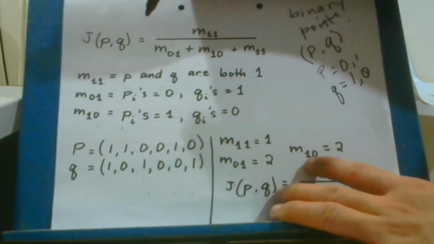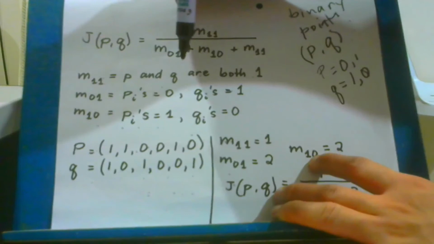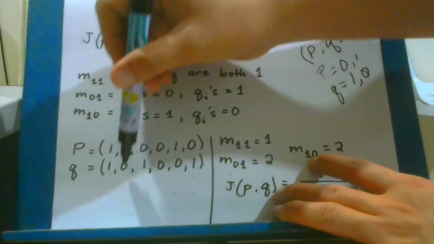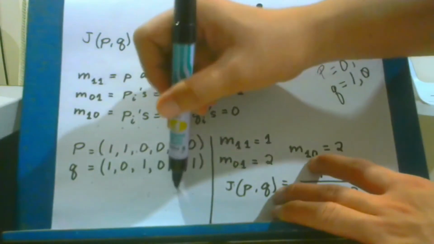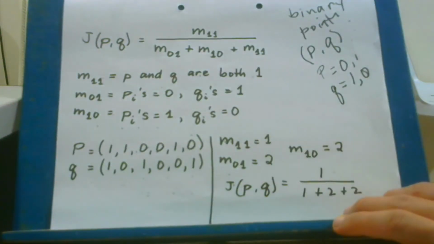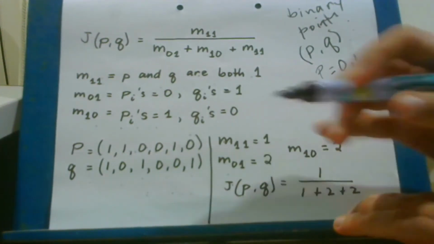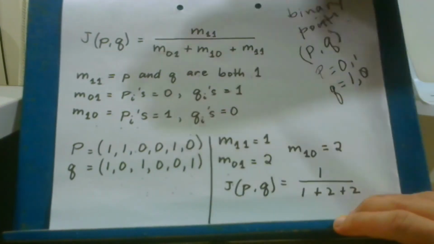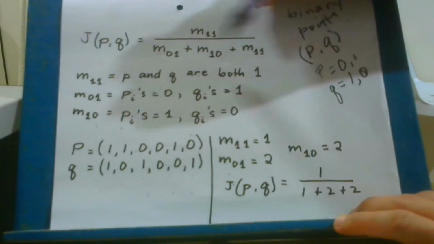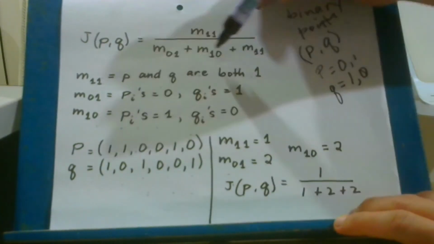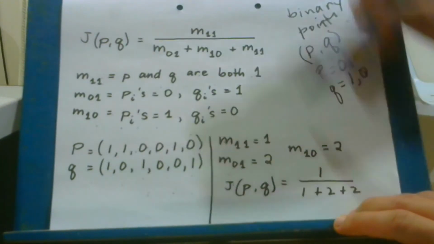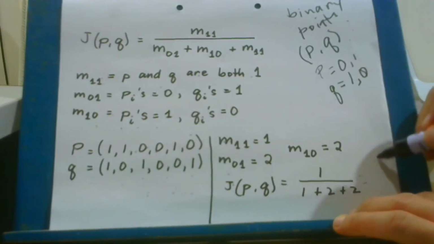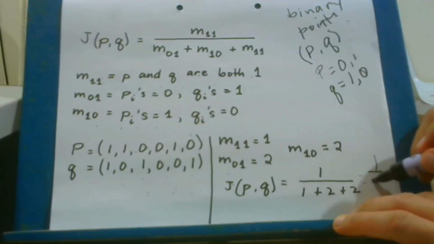For M10, P is 1 and Q is 0. We have 1, 0, this one and this one, so we have 2. Now, we're going to plug in these numbers in our formula. So we have 1 over 1 plus 2 plus 2, and this is 1 over 5.